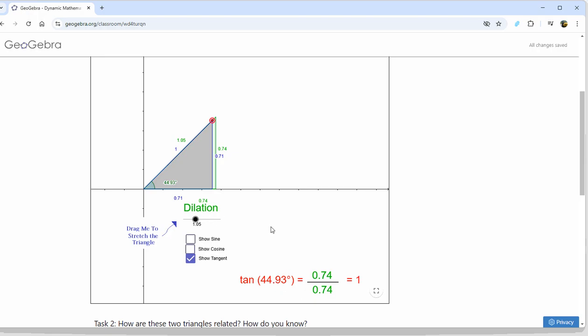So the tangent ratio is just someone somewhere figured out that anytime this side opposite over adjacent equals a number, the similar triangles will all have the same angle.